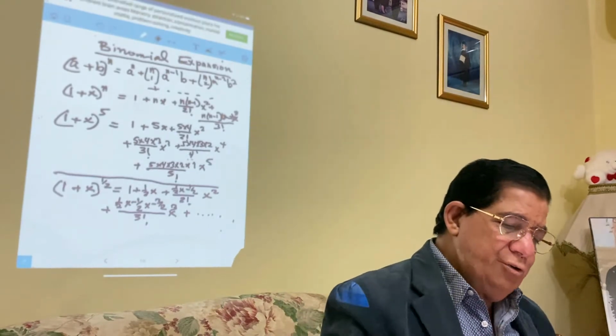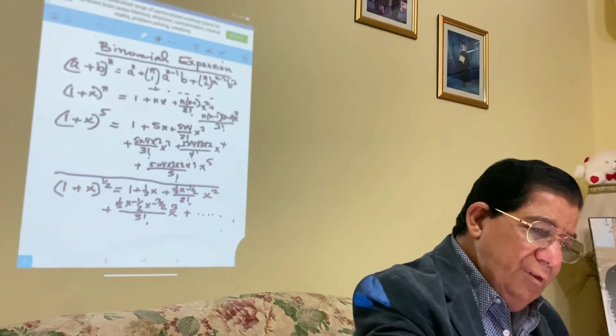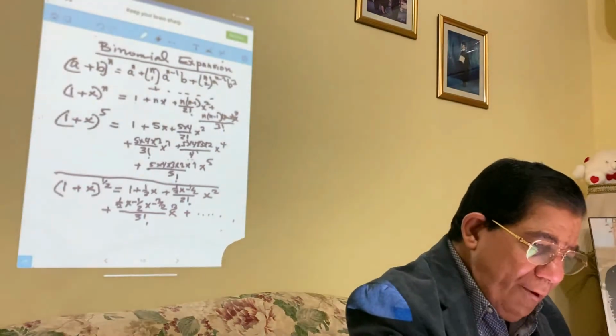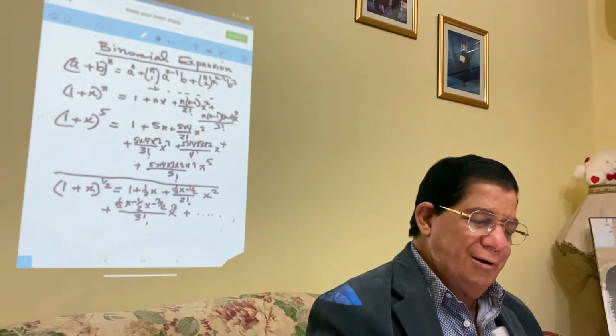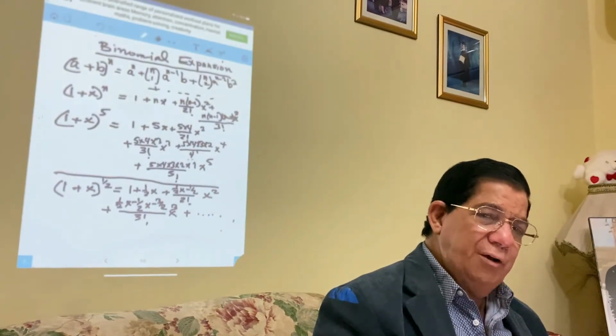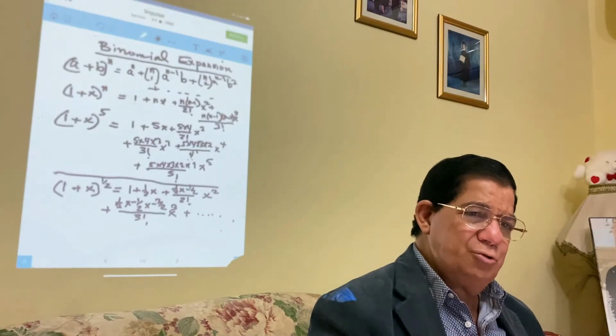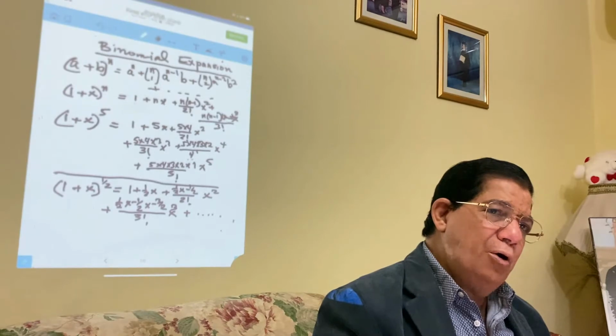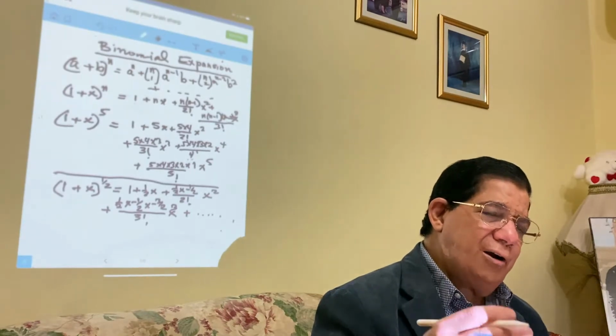This expansion will never end. What does it mean it will never end? I can keep writing terms and terms, and the power of x getting higher and higher and so on.